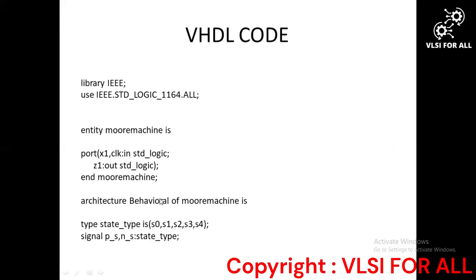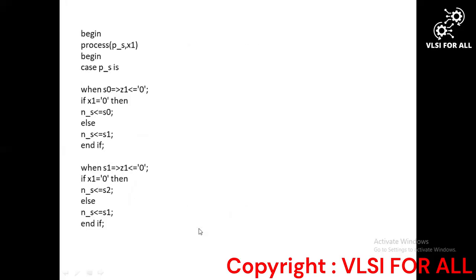After that, we have started the behavioral architecture of the Moore machine. We have defined the states S0, S1, S2, S3, and S4. After that, we process present state and X1, so when there is any change in present state and X1, this statement will execute.